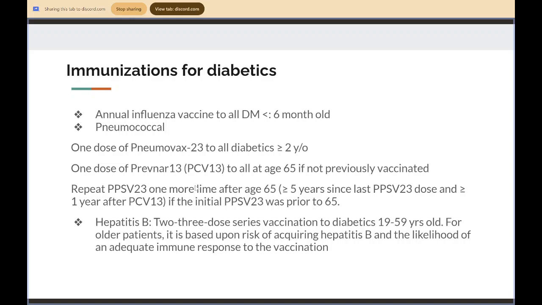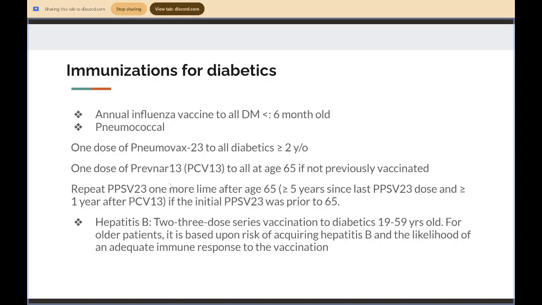And if they reach age 65 and have not received Prevnar 13, they get one dose. And then we want to repeat the PPSV 23 one more time after age 65. We want to make sure that there's a 1 year gap between PCV 13, and we want to make sure there's 5 years or more gap between the last PPSV 23 dose.